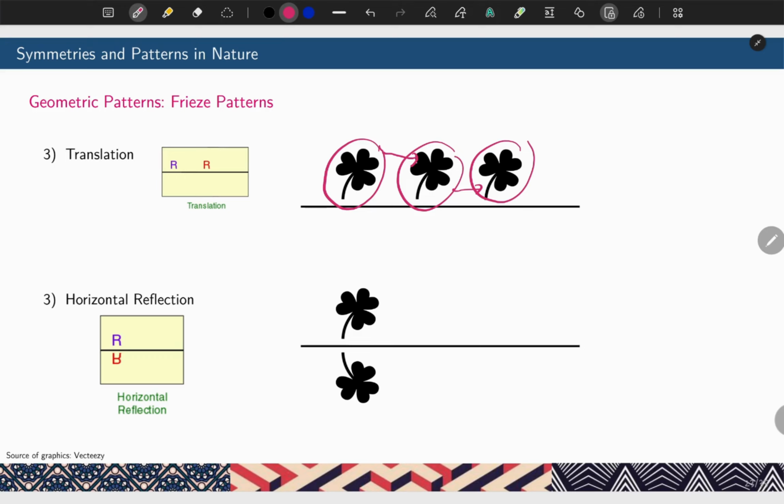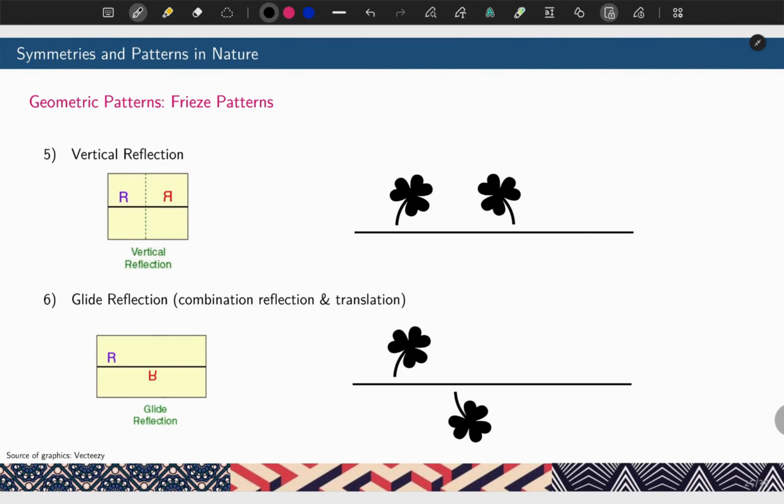Fourth, horizontal reflection. So this is the kind of flipping the image with respect to a horizontal line. Okay, if I have here letter A, the horizontal reflection of this one is this.